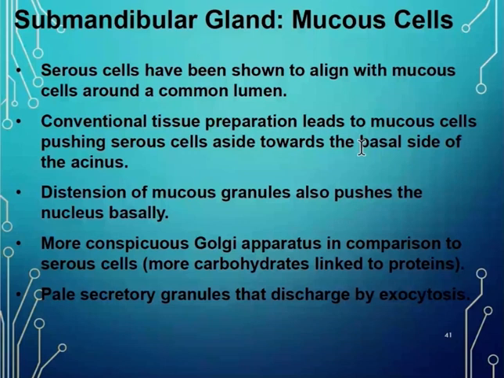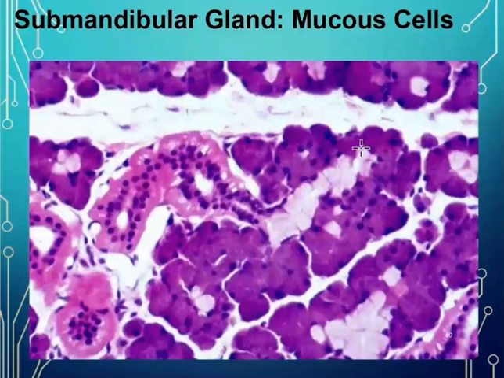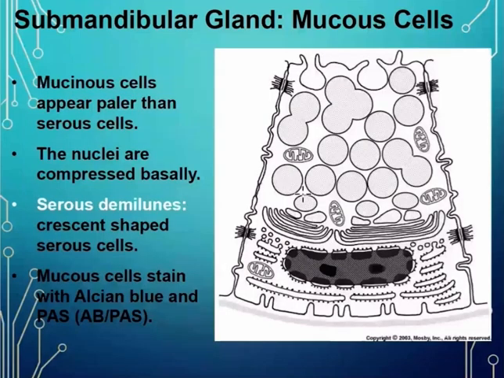We have a larger amount of endoplasmic reticulum present in mucus cells, and fewer secretory granules compared with the serous cells. We have also more Golgi apparatus, which contributes the carbohydrates that are added to the secretory component. It's protein plus carbohydrates to give it more viscosity.